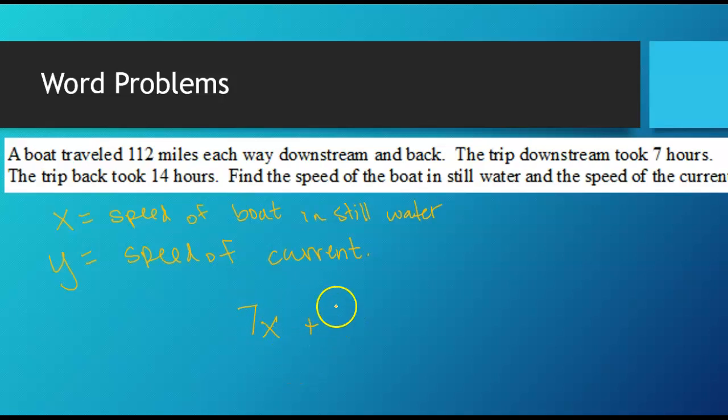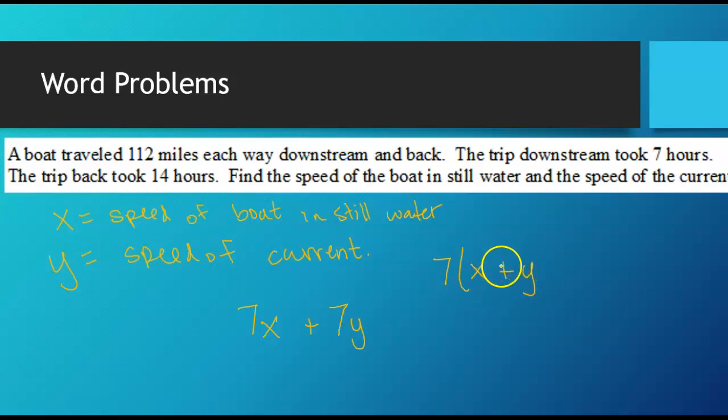And then I took the speed of the boat in still water and multiplied it by the speed of the current, okay? Because it took 7 hours to go. Well, a better way to look at that would be it took 7 hours and we had the still speed of the boat and we add the current, right?